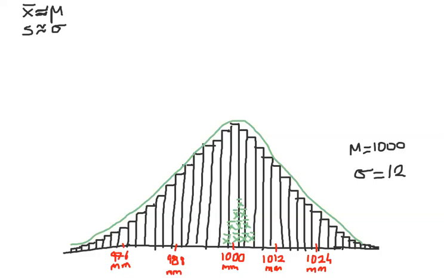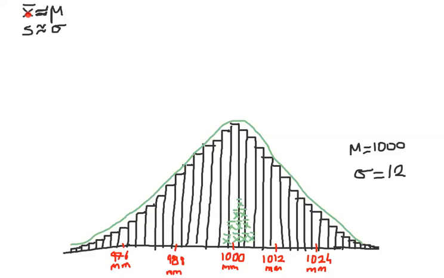Since we know the sample average should be approximately equal to the population average, you can ask yourself: when I picked a sample of 36 pieces from my population and got 998 as my sample average, would you consider 998 millimeters approximately equal to 1000 millimeters?